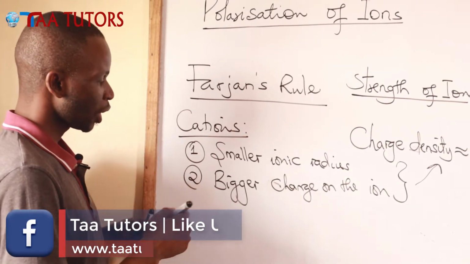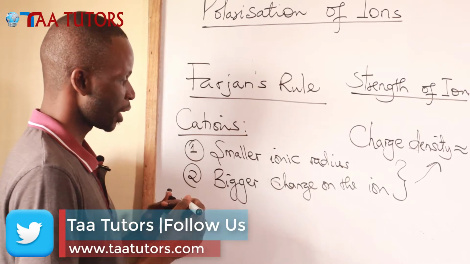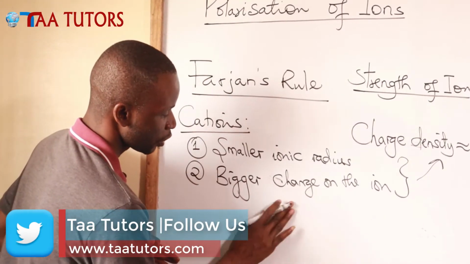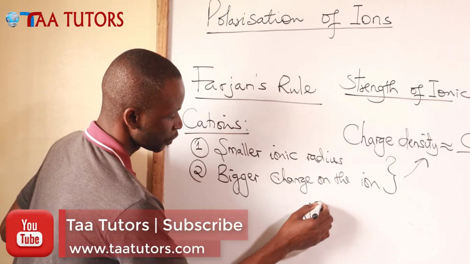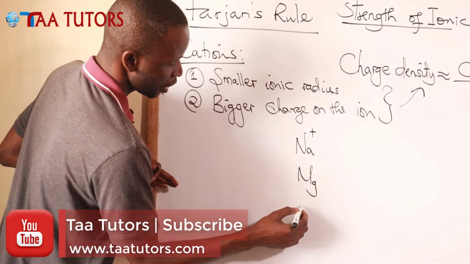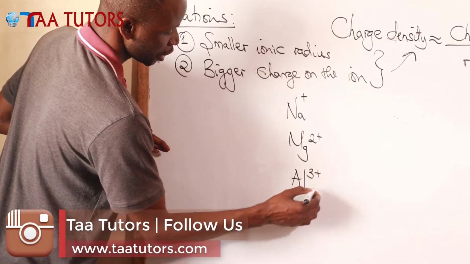So again, we have to understand that if an ion has a small ionic radius, for example, if I put down these ions, one is sodium, the other one is magnesium, and then finally I have the aluminum ion. These are cations.